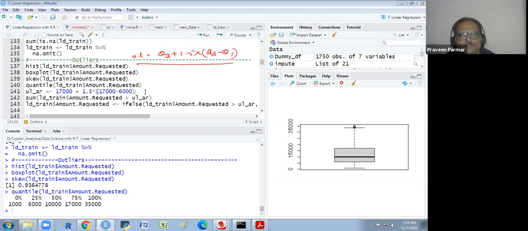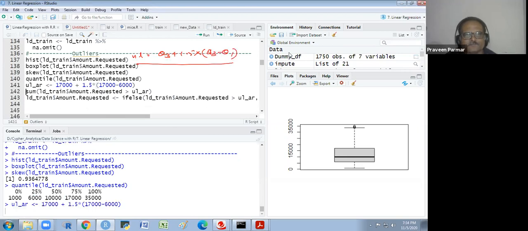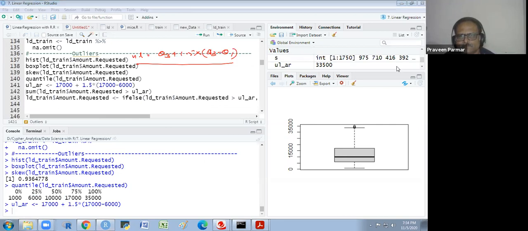Now we run it. And we are getting this value, 33,500. What is the value here? 33,500. But we have the maximum value 35,000, which means there are some outliers. There is a gap between 33,500 and 35,000. Got it?